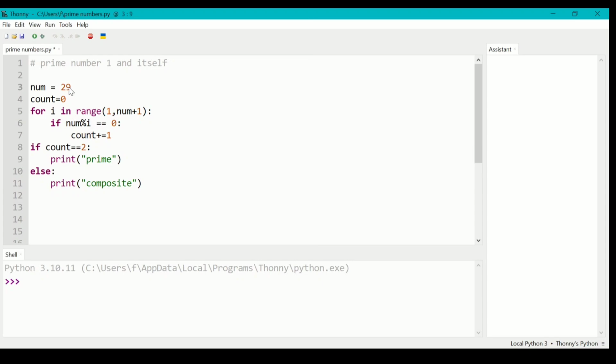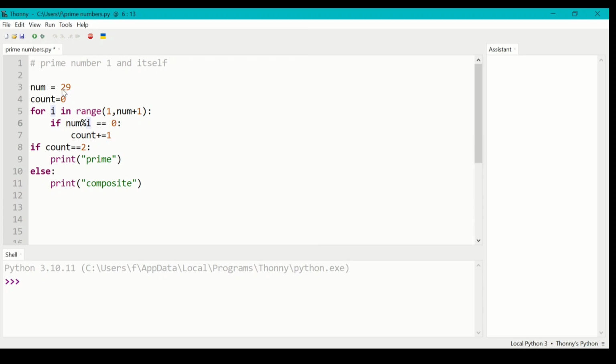If 29 is divided by 10, it leaves a remainder of 9, so 10 won't be a factor of 29. I hope you understand what the exact logic is.